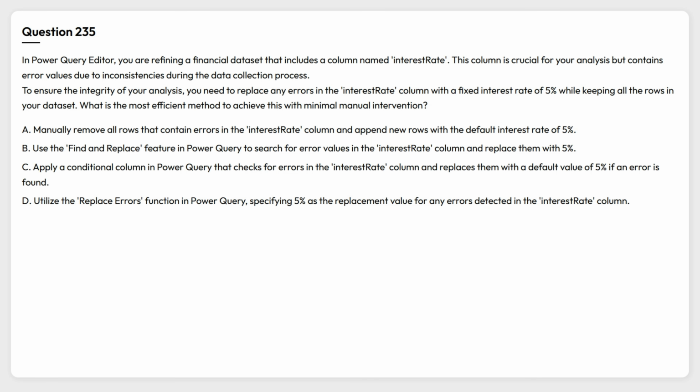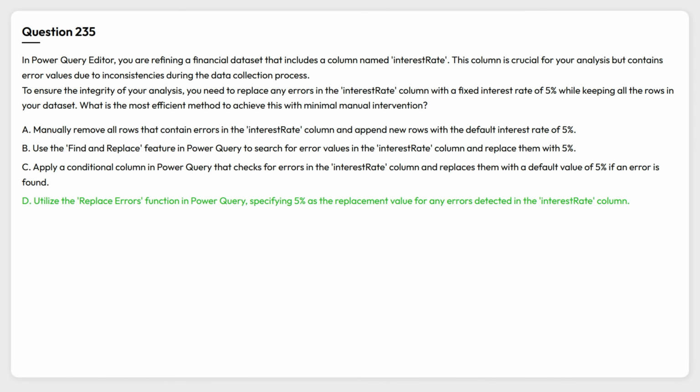Option C, apply a conditional column in Power Query that checks for errors in the interest rate column and replaces them with a default value of 5% if an error is found. Option D, utilize the replace errors function in Power Query, specifying 5% as the replacement value for any errors detected in the interest rate column.